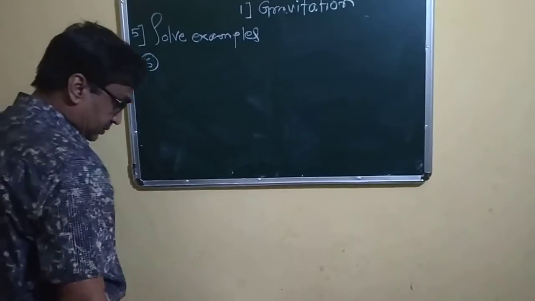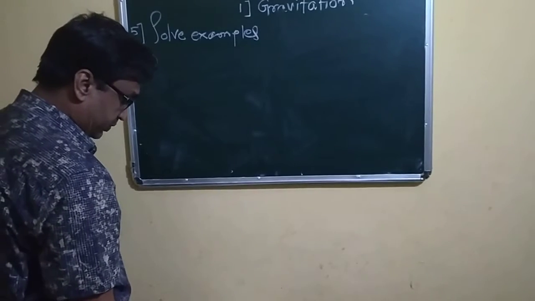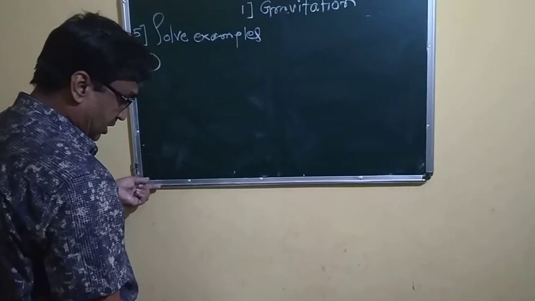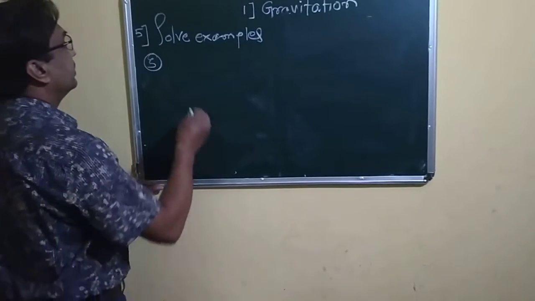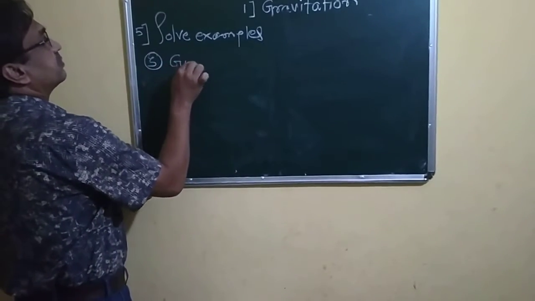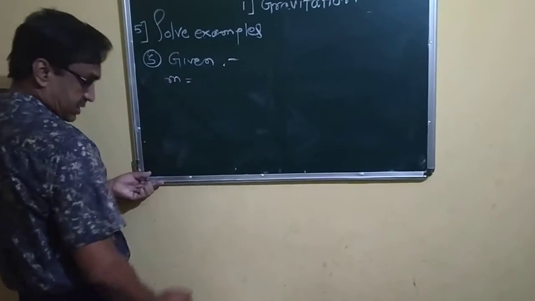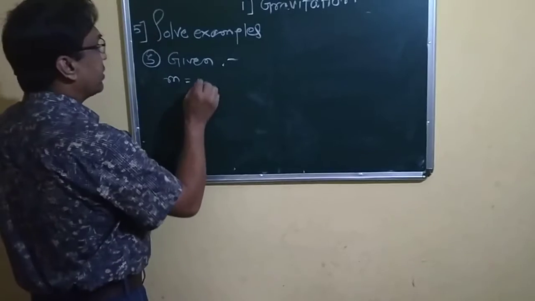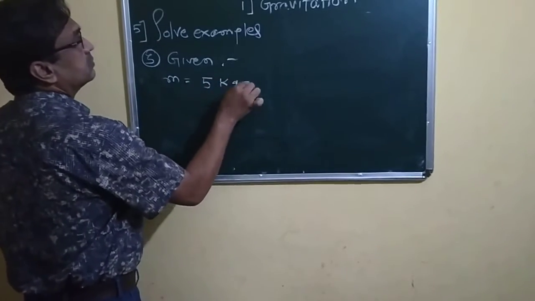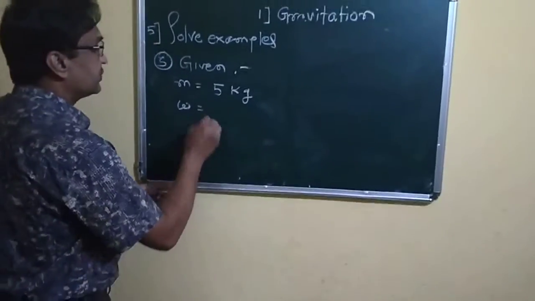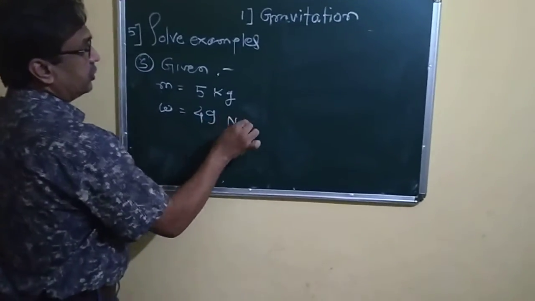In the third example, the mass and weight of an object on the Earth are 5 kg and 49 Newton respectively. What is given? Mass is 5 kg, and weight is 49 Newton.